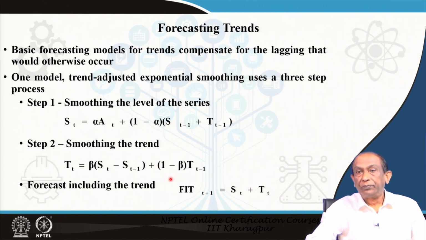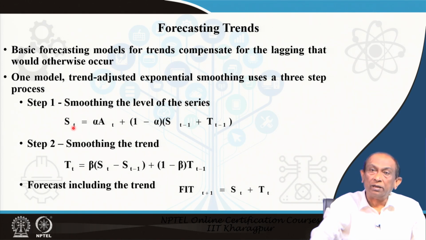In the first step, what we do is that we smooth the average level of the series. Something we had discussed last week. The smoothed value of the level at the tth period is given by St. Okay. St represents the smoothed value of the level at the tth period.